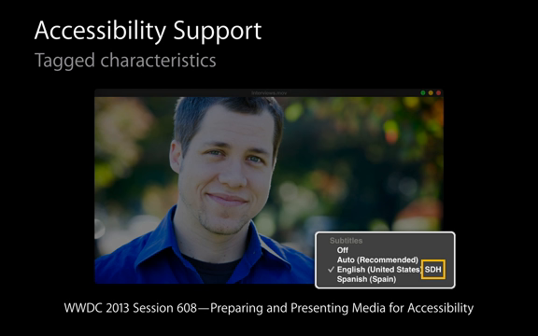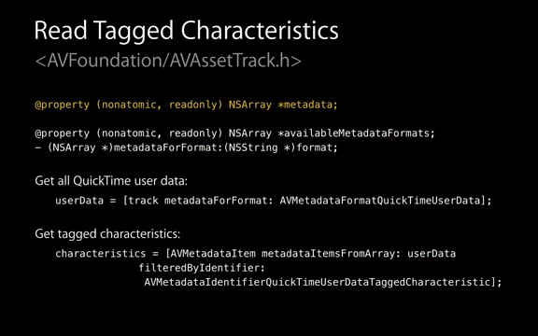So let's talk about how you actually find out if your track has this metadata in it. Well, you're going to use AVAssetTrack, and it has pretty much the exact same API as AVAsset for reading metadata. You have your metadata property, you have your metadata for format method. And so if we want to find all of the tagged characteristics that are in an asset track, we're going to ask the track for its metadata for the format QuickTime user data.